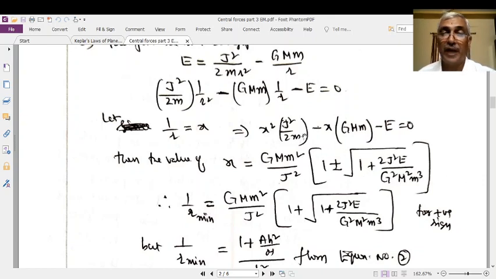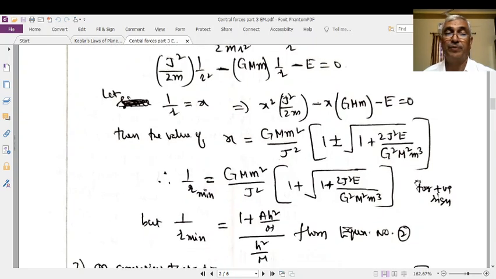Therefore, if you write that equation and take GM m square by J square as common, you will get x is equal to GM m square by J square into 1 plus or minus root of 1 plus 2 J square E by G square small m square capital M cube. Here x is equal to 1 by r.